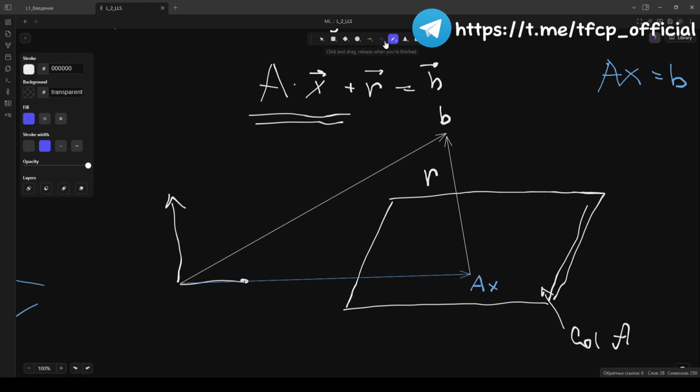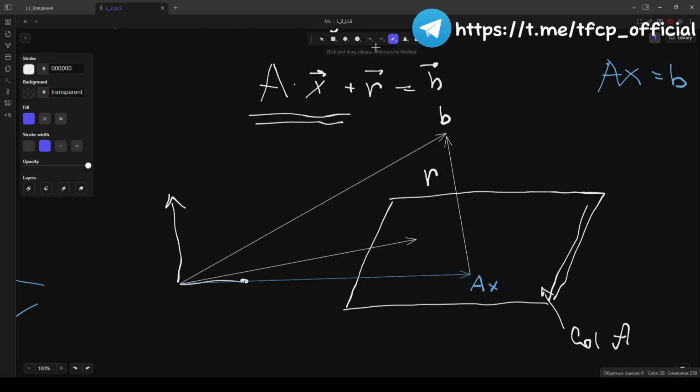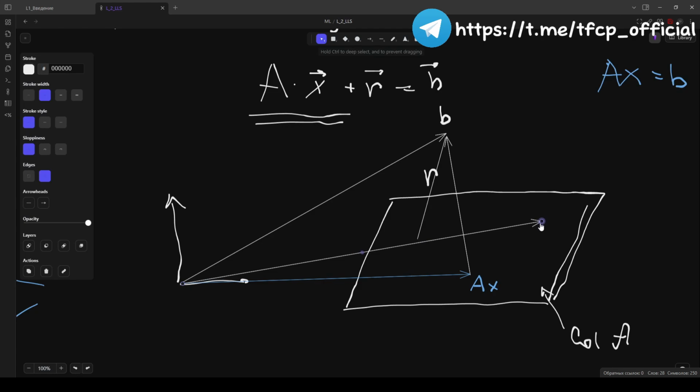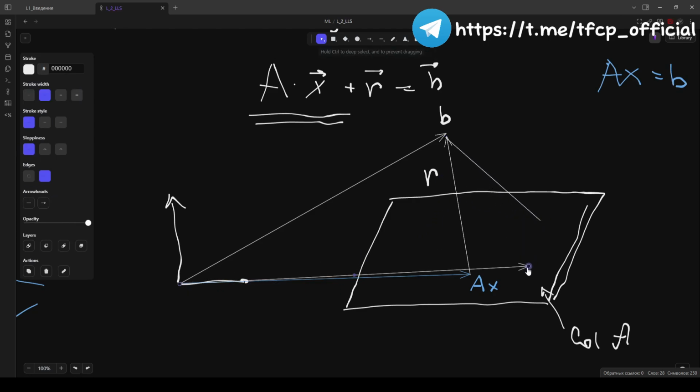But what will happen if I take the vector x differently? It will perhaps point somewhere just over here. Then my vector r will be like this. And if I take x in such a way that vector x is here, then my vector r will be like this.